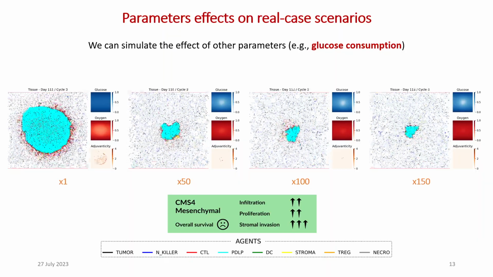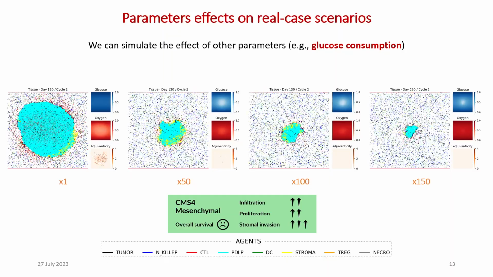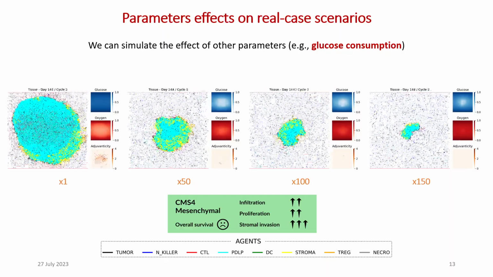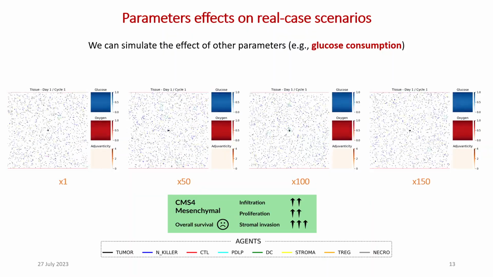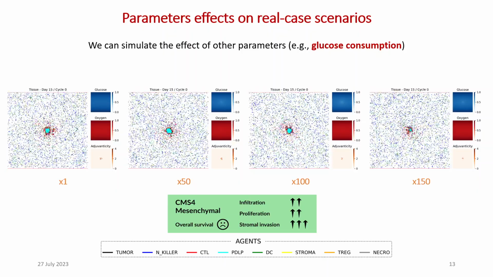And in particular, we note that as the demand for nutrients increases, it is possible to observe that the tumor proliferation drops even when cancer-associated fibroblasts are recruited in the simulation.